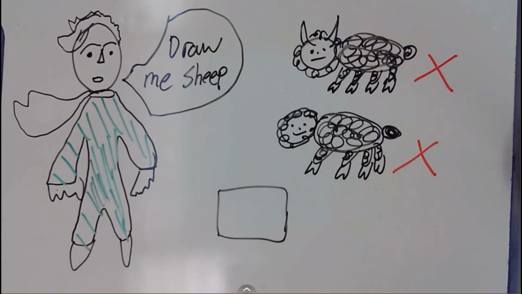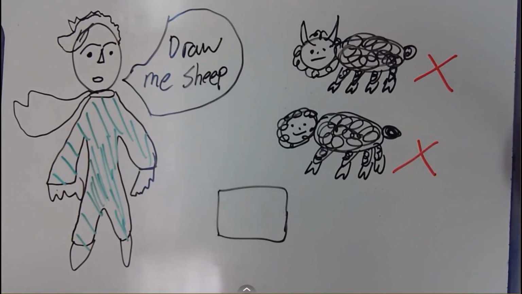Before we get to the main part, I'm going to tell you a quick story about a novel called The Little Prince, written by Antoine de Saint-Exupéry. In the beginning of the story, a pilot gets stranded in a desert and meets the little prince. In the night, the little prince asks the pilot to draw him a sheep.